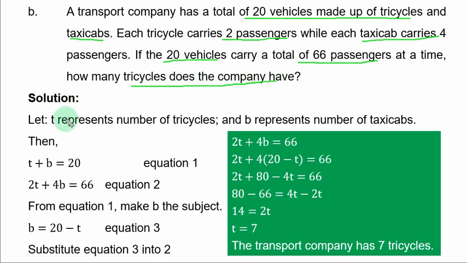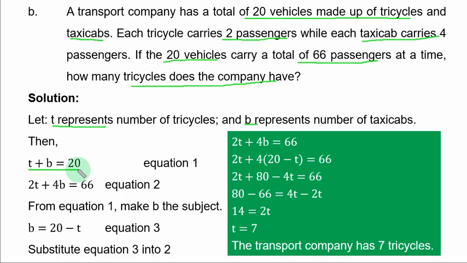Solution: let T represent the number of tricycles and B represent the number of taxi cabs. From the question, the company has 20 vehicles, that is the tricycles plus taxi cabs: T + B = 20.